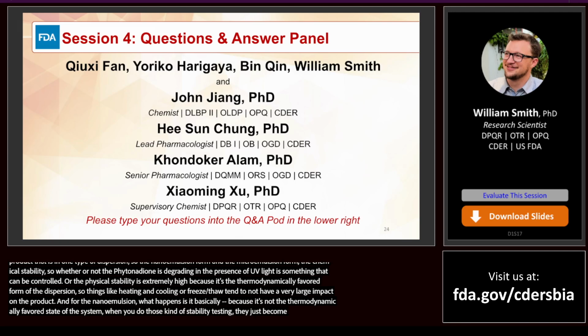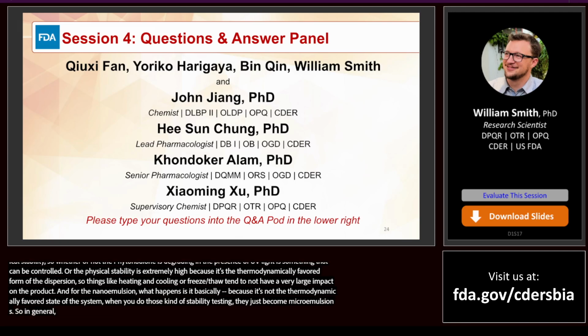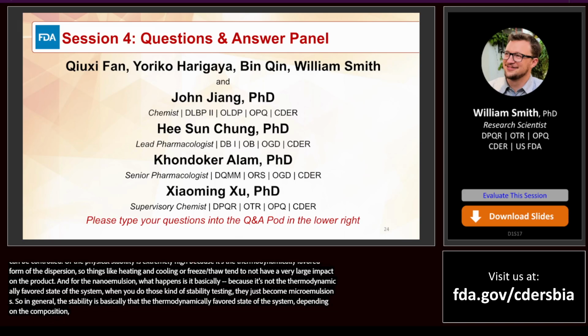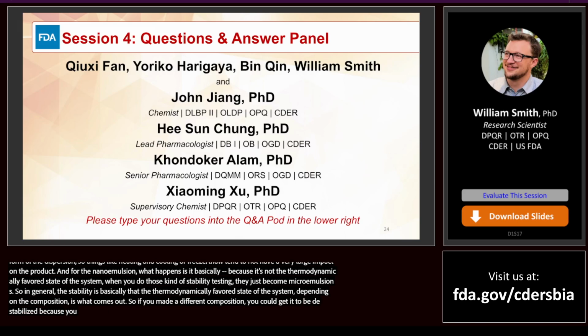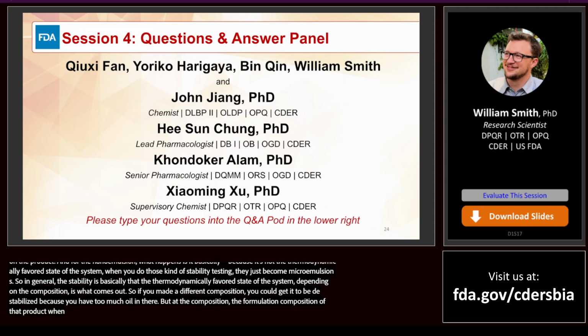So in general, the stability is basically that the thermodynamically favored state of the system, depending on the composition, is what comes out. If you made a different composition, you could get it to be destabilized because you have too much oil in there. But at the formulation composition of that product, when you undergo stability testing, it tends to just form into the microemulsion state. Thank you for that.